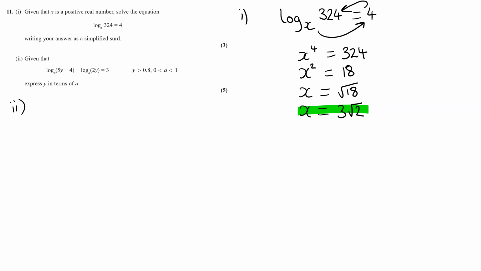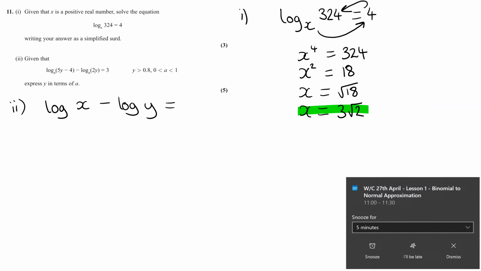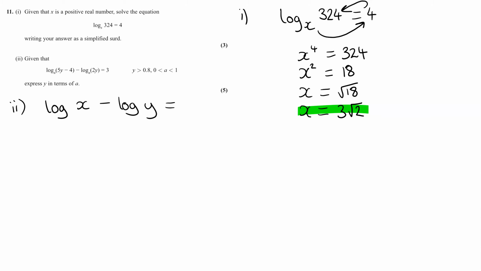So here we've already got the logs onto one side, but we want to combine these two logs into one single one. To do that, we make use of the rule, as long as we've got the same base, that log x take away log y equals log x over y.